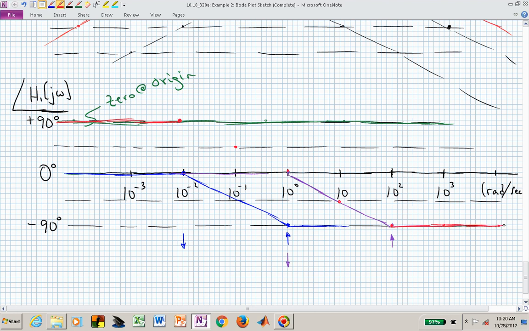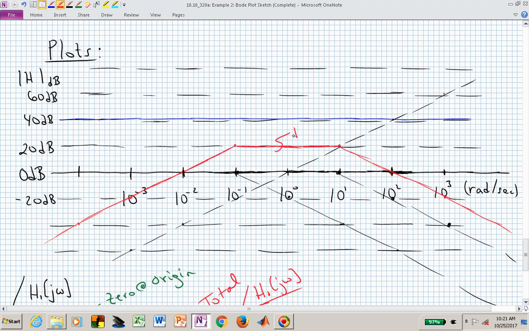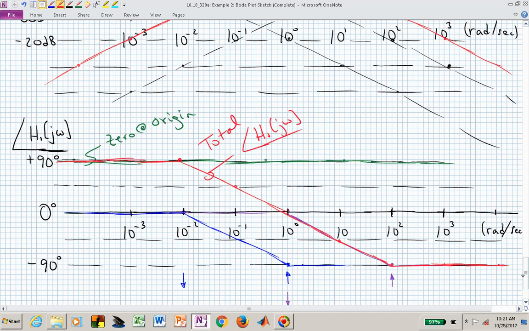And we should be ending at minus 90 degrees, starting at plus 90 degrees, and we simply connect those extremes with a straight line. So this is now the total phase plot. We had our total magnitude plot, and that's now what is involved in sketching.